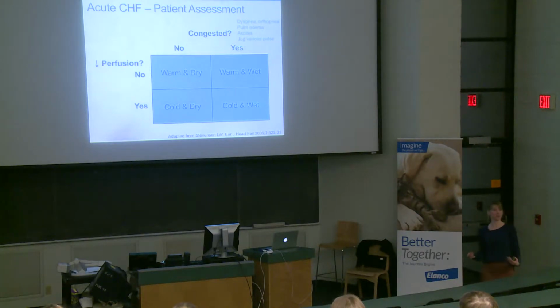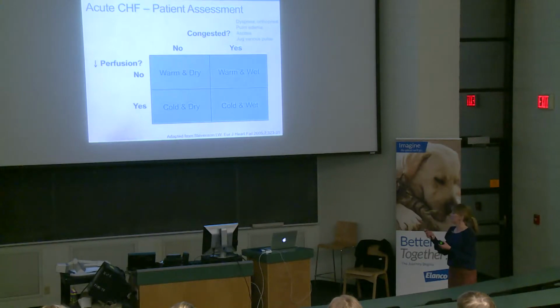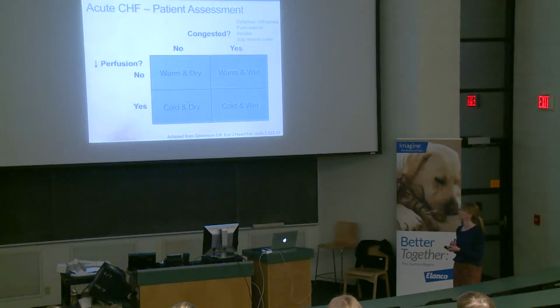That is, do they have difficulty breathing at night or when lying down? Is their dyspnea positional? Do they have radiographic evidence of pulmonary edema? Do they have clinical evidence of pulmonary edema on our auscultation? Do they have ascites? Do they have jugular venous distension or pulsation? All parameters to suggest that this is a congested patient. So those are the things that we look at for congestion.